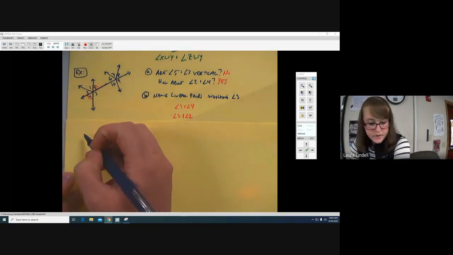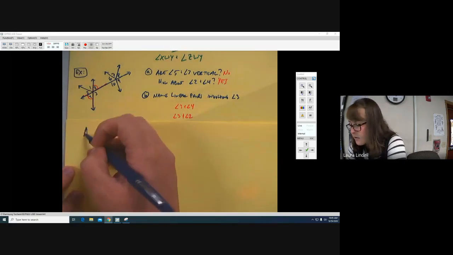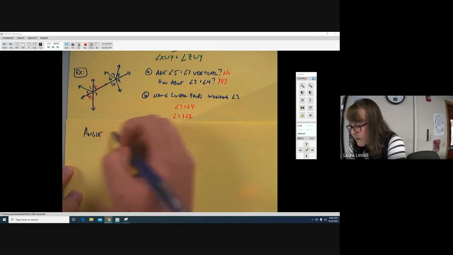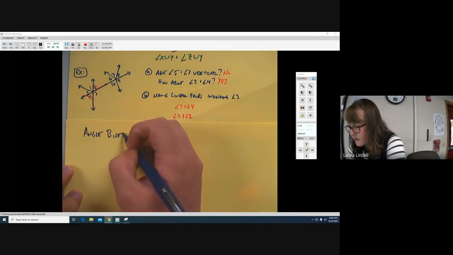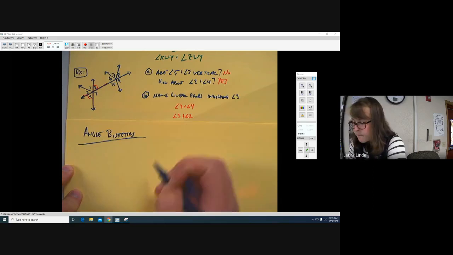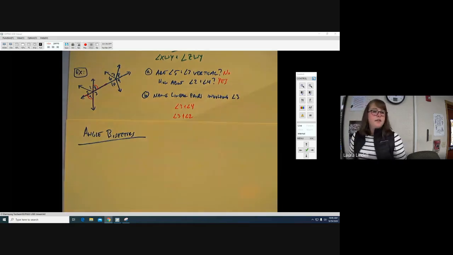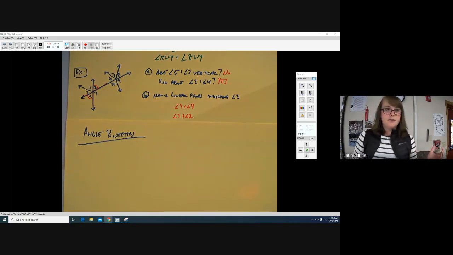All right, kind of shifting gears here, we're going to talk about angle bisectors. So we had segment bisectors back in the beginning of chapter 1. And remember, a segment bisector cuts a segment into 2 equal pieces. It divides it equally in half. Angle bisectors do the exact same thing, but for angles.